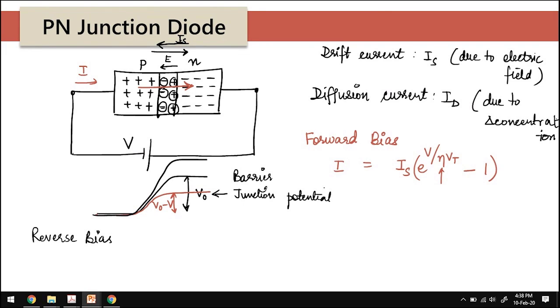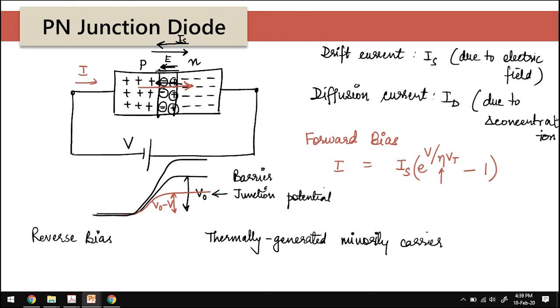During reverse bias, that internal field that I was talking about becomes stronger. Like I said, there would be some thermally generated minority carriers of opposite polarity. They will tend to flow in this direction, but they are very, very small in number. So the current that would flow would be almost zero, in the order of nanoampere or picoampere.